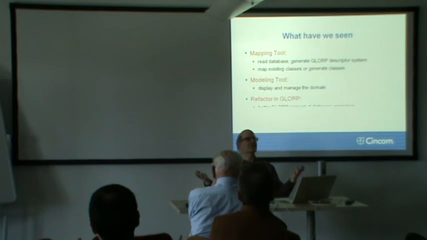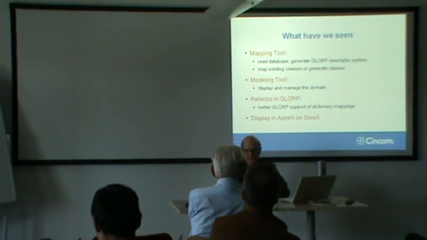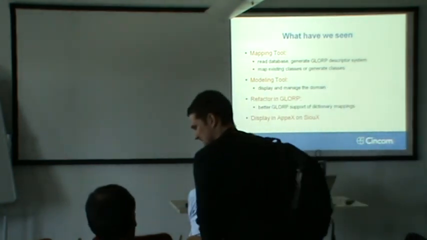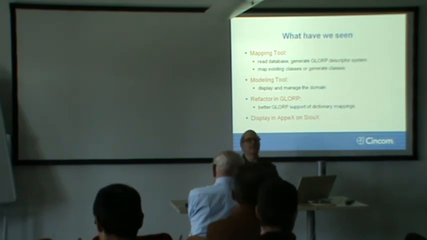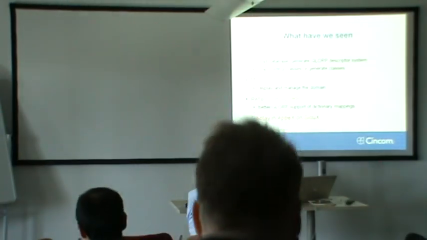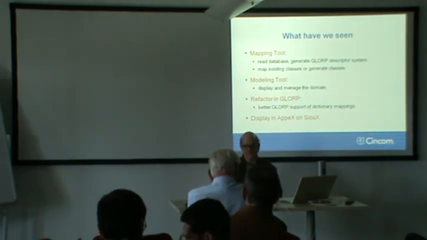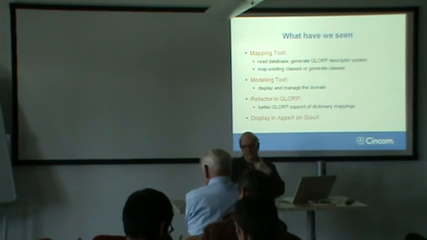Okay, so what did I tell you? What did all you guys who just came in miss? You missed me explaining what Glorp was. You missed me connecting to a database about which I knew nothing and reading a Glorp descriptor system. You missed me generating an acceptable set of classes. And you missed me proving that I could then read the rows and actually read the classes, and that actually worked. You missed me opening the one I prepared earlier where I cleaned up the generated classes so that it was actually fit for use. And you missed me showing in the modeling tool how I could wander around the domain.